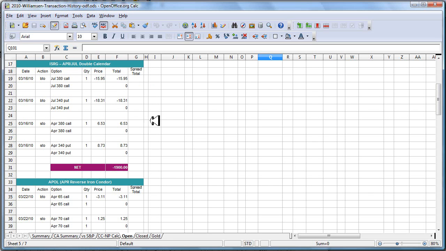Keeping track of it like this helps me to realize, for instance, if I closed everything except, like I mentioned, the long 340 put, well, I would have a closing price in every one of these except for this particular cell right here. And then what I can do is I can just fudge and put in numbers, any sort of price in there, and say this is the price that I'm shooting for. At this current price, I'll be at this profit or I'll be at this loss.